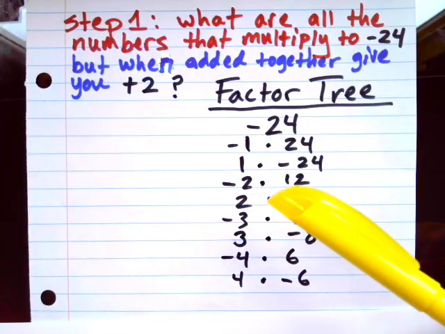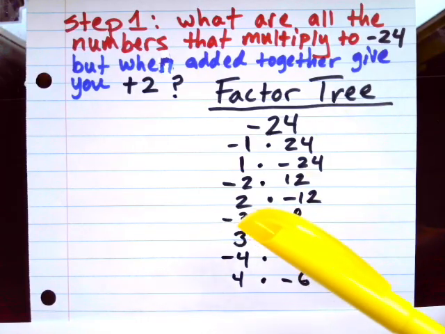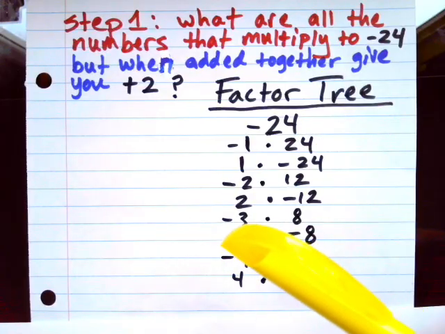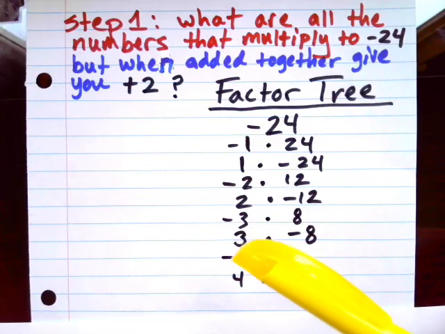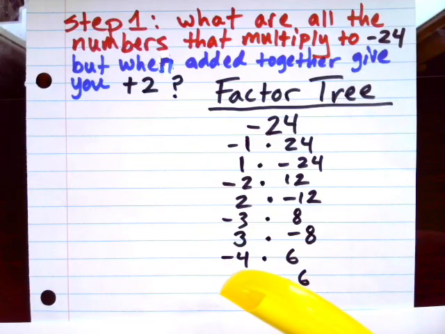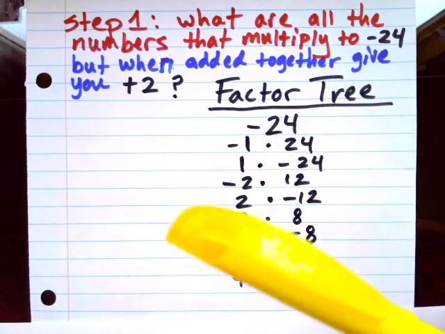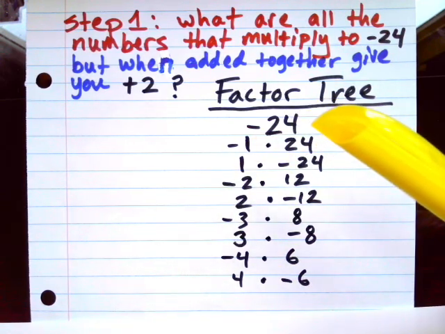Negative 2 times positive 12, positive 2 times negative 12, negative 3 times positive 8, positive 3 times negative 8, negative 4 times 6, and positive 4 times negative 6. Every one of these will multiply to a negative 24.